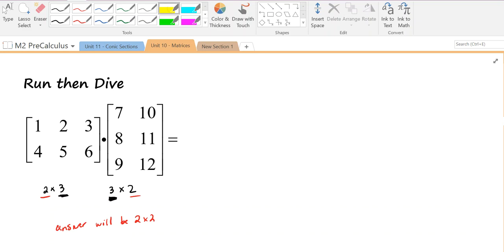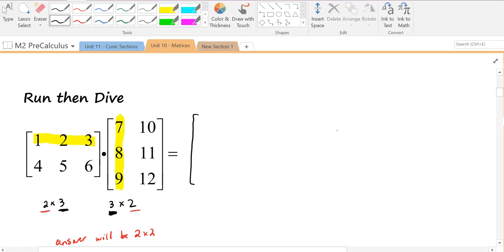So let's see this run and dive. You run and then dive off the diving board. So I'm going to run across this first row, and dive down this first column in the second matrix. So when I do this multiplication, I'm going to take 1 and multiply it by 7, and then I'm going to add 2 times 8, and I'm going to add 3 times 9.